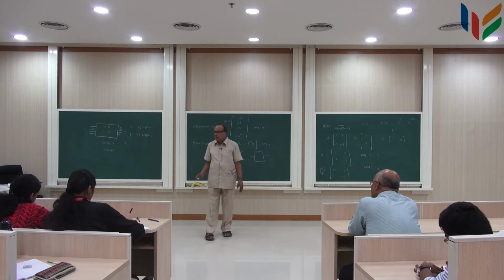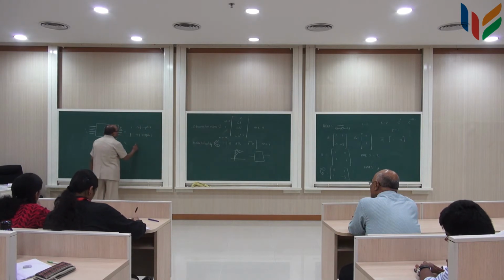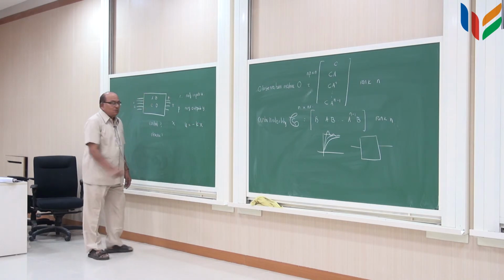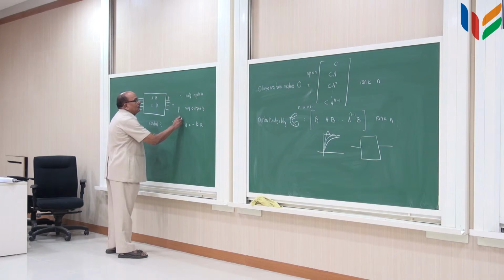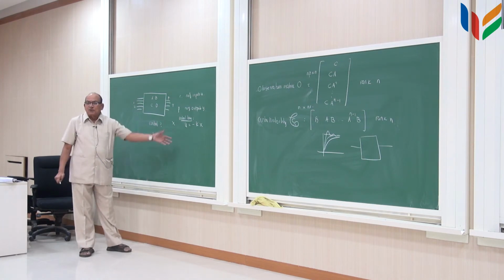And how do I do that? One method of doing it is to put u equal to some k times the x. This is the control law. One control law, not necessarily the only control law.